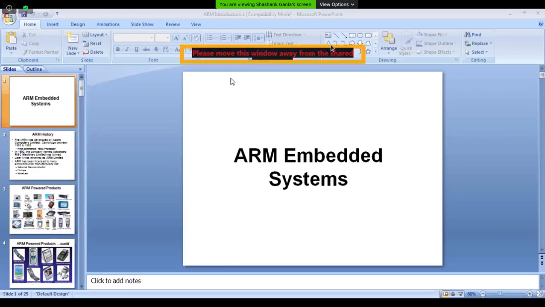Is it all audible to you? Am I audible to you? Are you able to get my words? Please confirm any doubts about what I have discussed about the introduction of ARM architecture.